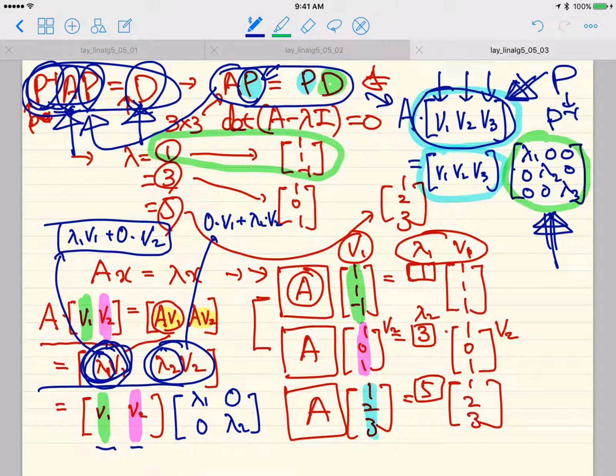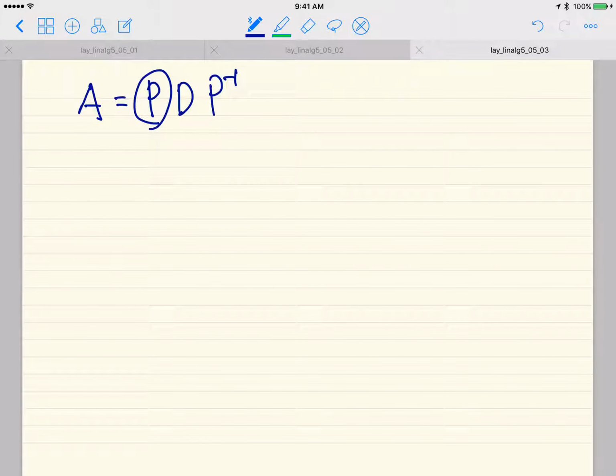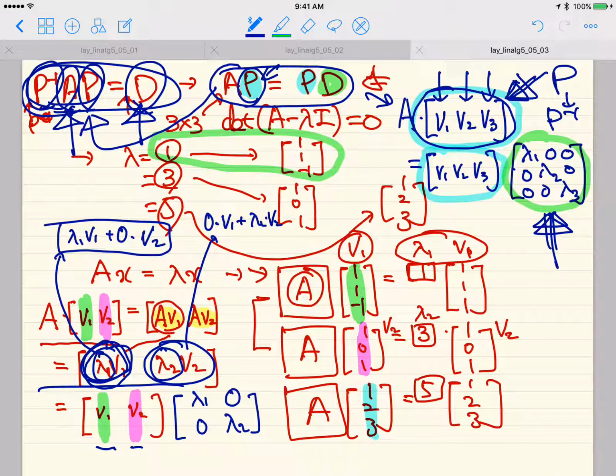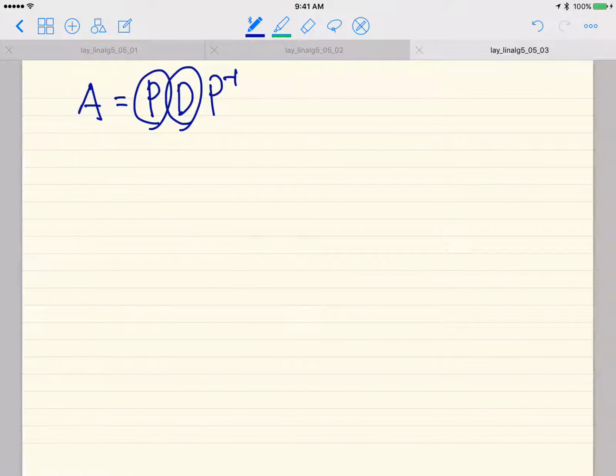Its columns will be the eigenvectors. And what is the matrix D? It will be the collection of eigenvalues on the diagonal entries of this matrix. Okay, and this is called eigendecomposition.